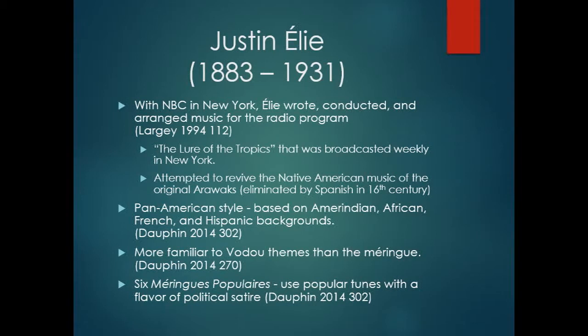But he also tried to revive the music of the native Arawaks in Haiti. To do this, he found Native American music from Venezuela and used that music to replace the music of the native Haitians.